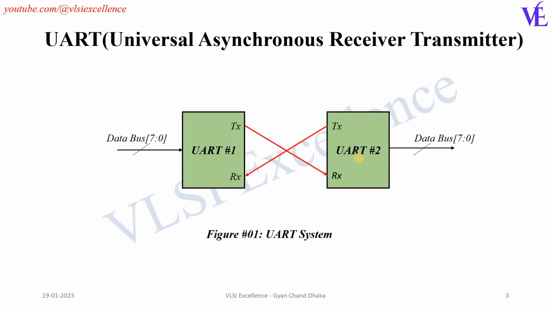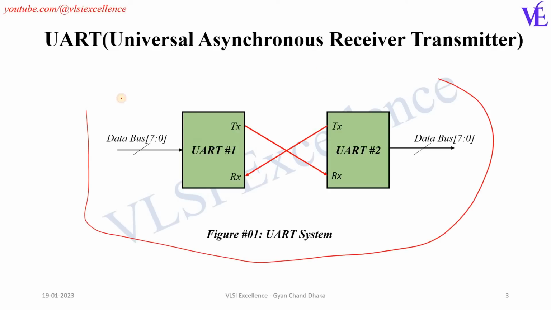Now let's understand how the UART communication protocol looks in a big system. Suppose we have a big system, and in this system there are two subsystems, subsystem 1 and subsystem 2. These two subsystems are communicating with each other through the UART communication protocol.